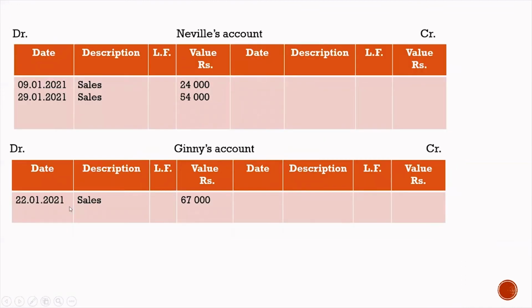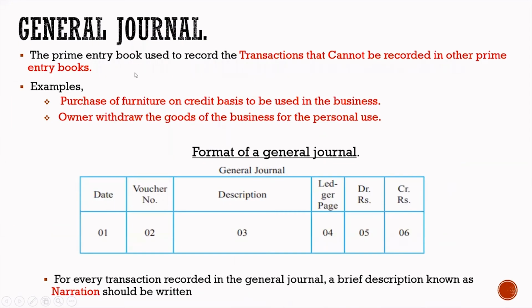So always remember, when we are making accounts, we try to keep mathematical accuracy. Next, it is the general journal. This is the primary book used to record the transactions that cannot be recorded in any other primary book. Transactions that do not fall to the cash account, the sales journal, the purchase journal or any other primary book will be recorded in the general journal.